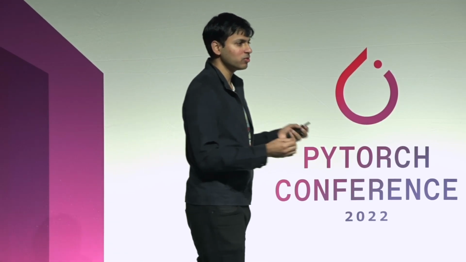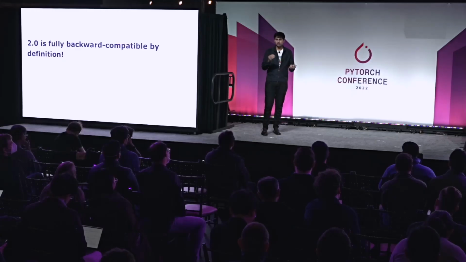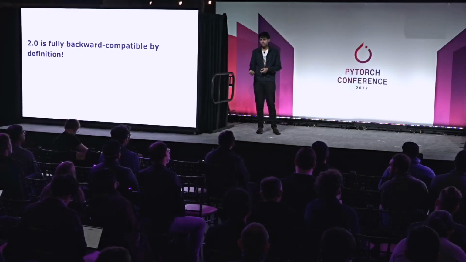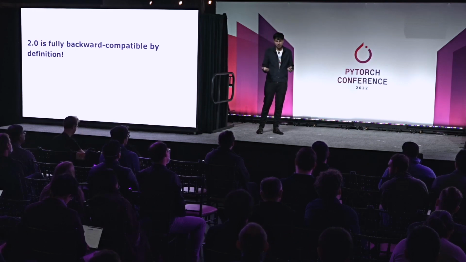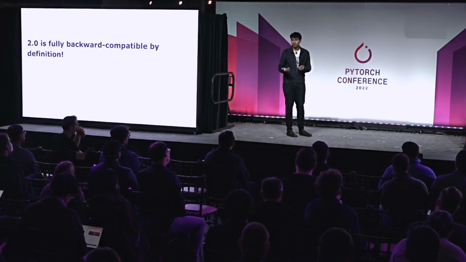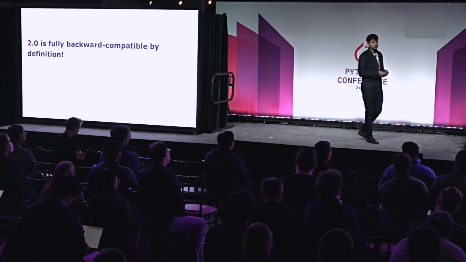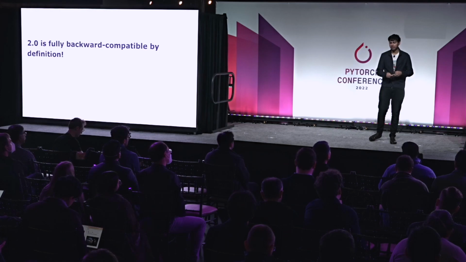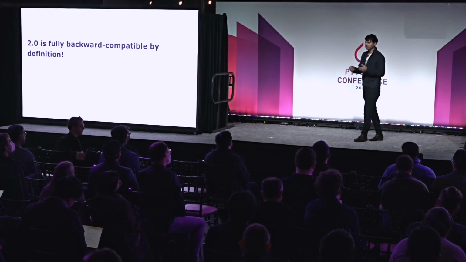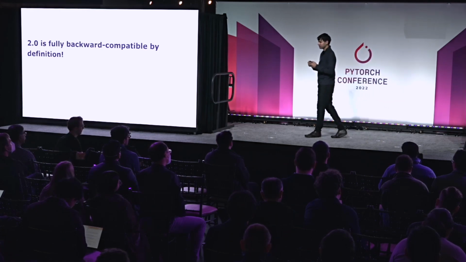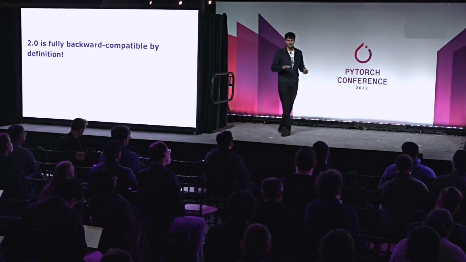We're just introducing a new substantial feature in compilation mode, and that's fully optional, and you wrap your model explicitly to get that mode. So your code base works as is. We were going to call it 1.14, and then we thought it would be nice to call it 2.0. So before you go on Twitter and ask whether 2.0 is fully backward compatible, or whether you should rewrite your code, I'm telling you up front.